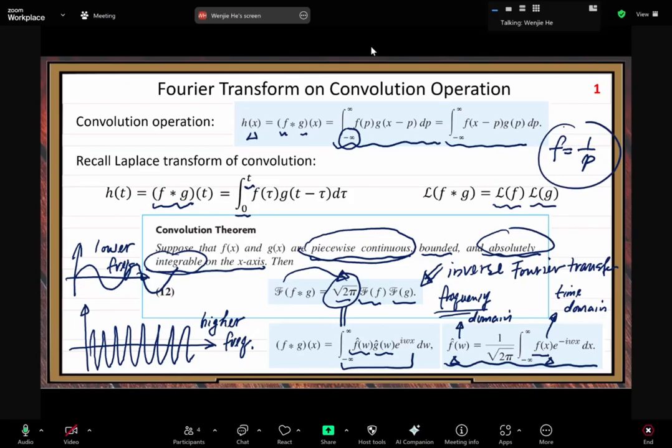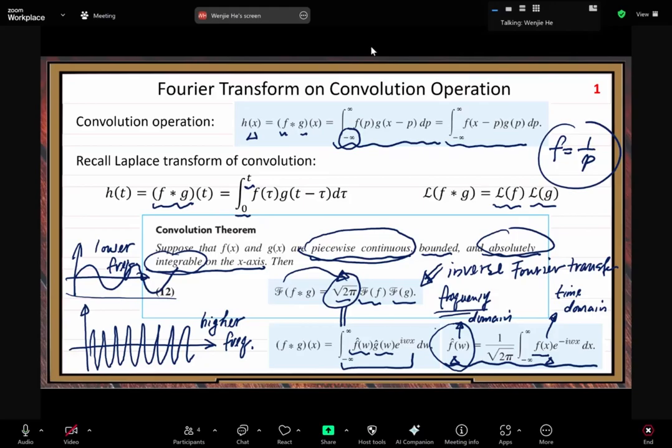Because if a period is not fundamental, then any positive integer multiple of the fundamental period we can also call a period. So F is just the reciprocal of the period. After we review this frequency concept, now you can see the Fourier transform represents the original function in the frequency domain.